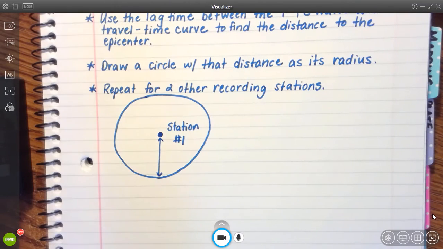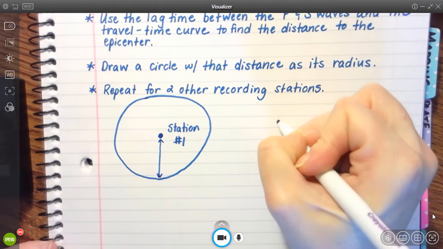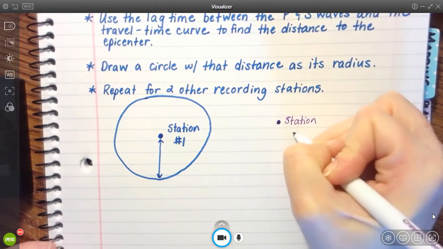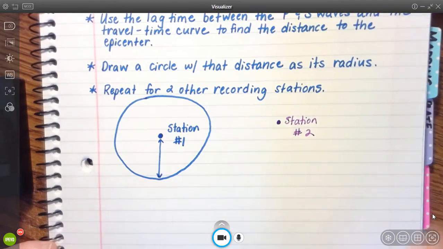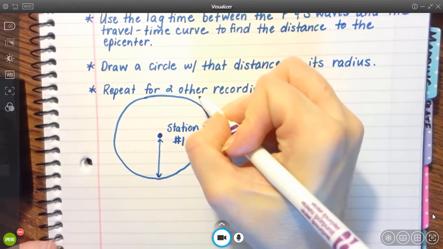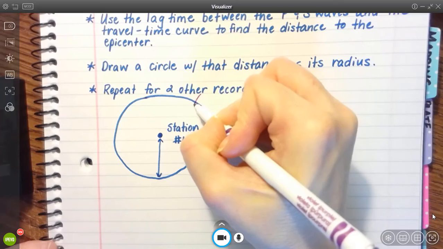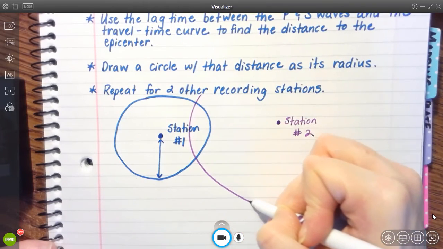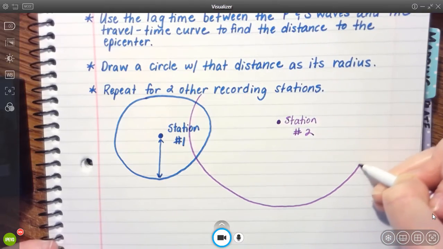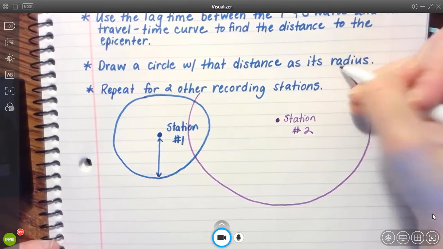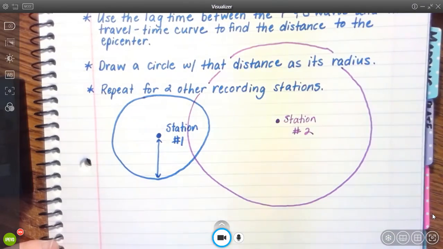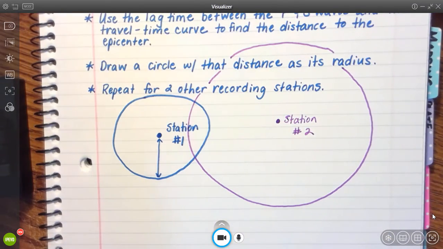Then, if you have another station, like over here, we're going to call this station number 2, and this is going to be pretty far from the epicenter, so I'm going to only have part of a circle here for station 2. Guess I could finish it up here. Again, that's kind of a terrible circle.